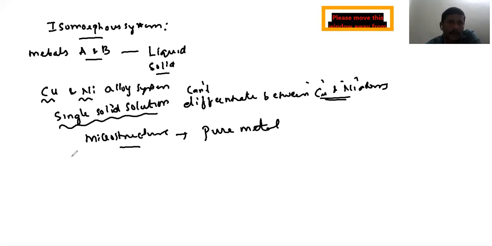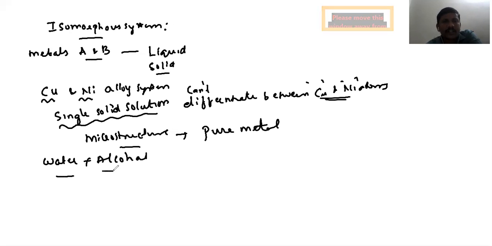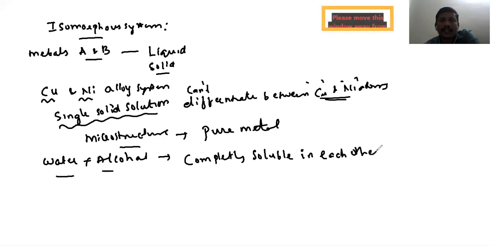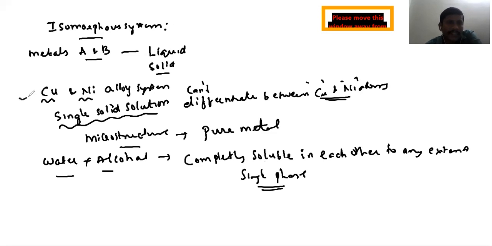Suppose you consider water plus alcohol. If you mix water and alcohol, they are completely soluble in each other to any extent, and they form a single phase. Similarly, the copper and nickel system.